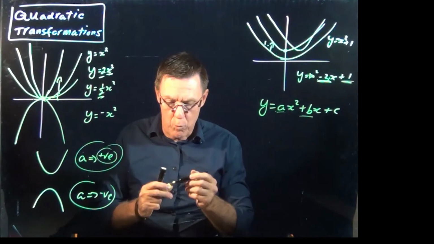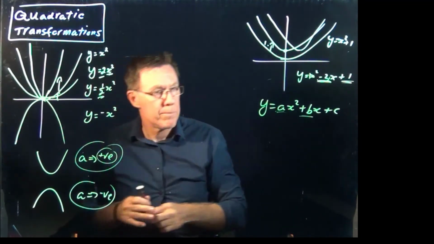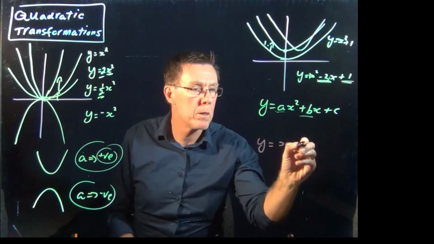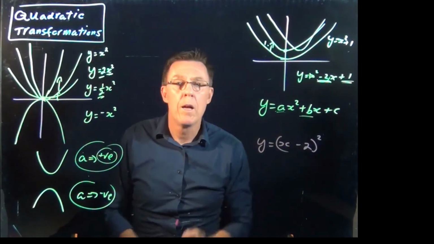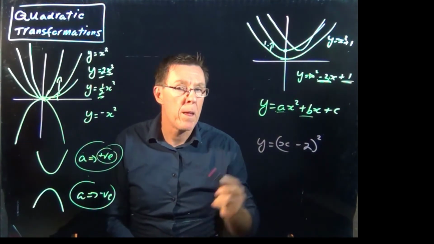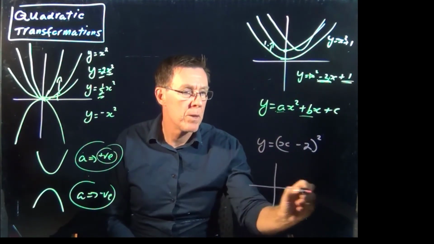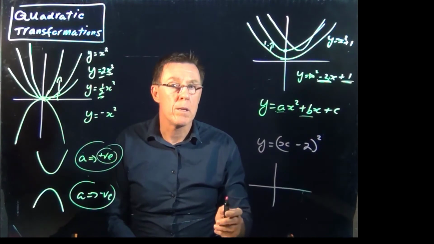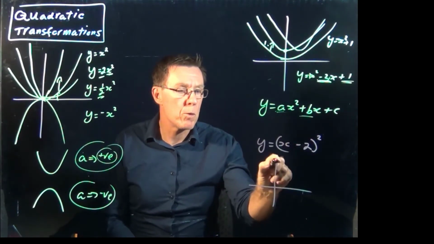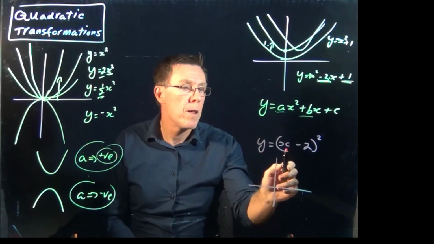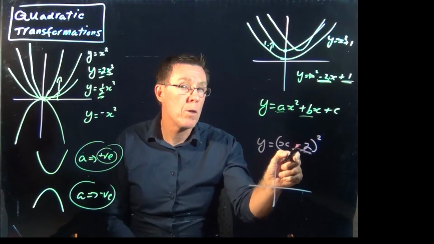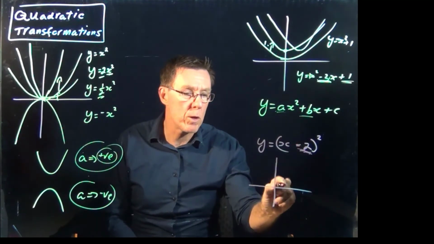There's another way we could also write it. For example, I could write it like that. It's a perfect square. This is a very easy one to do. It's still going to be symmetrical, but this time, instead of it symmetrical about the y-axis, this number in here has shifted it 2 units, not in the negative direction, but 2 units in the positive direction.